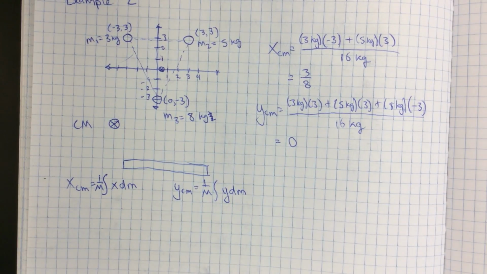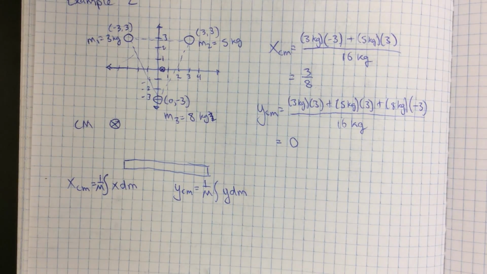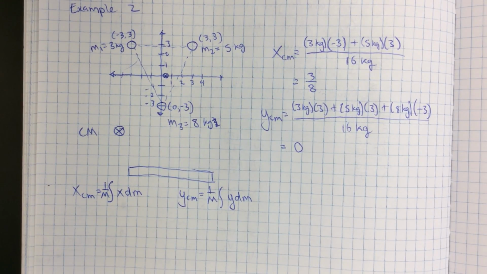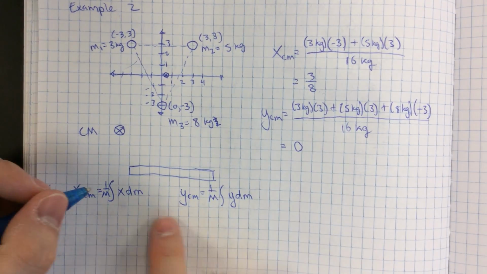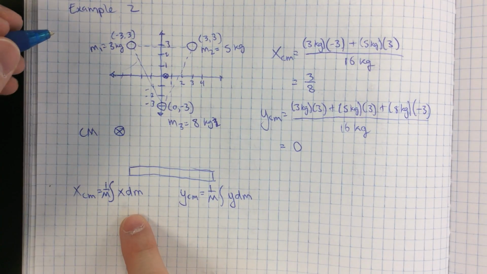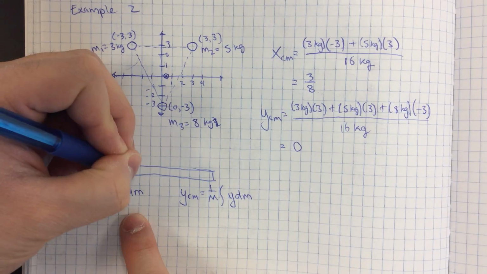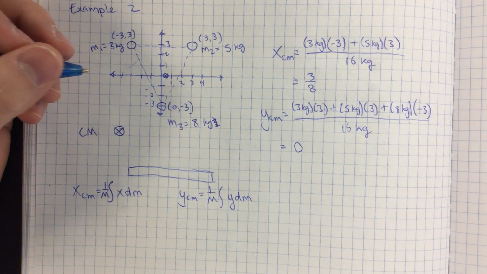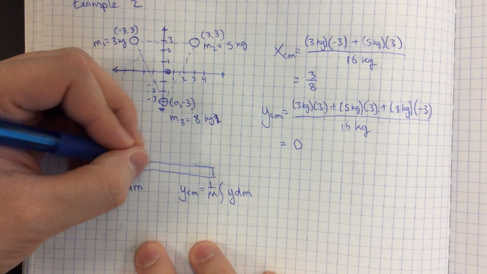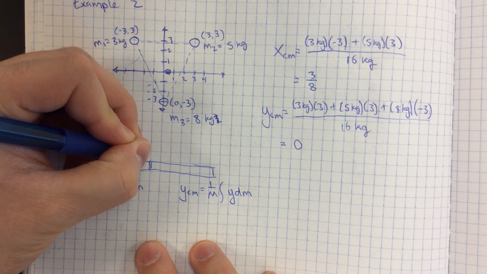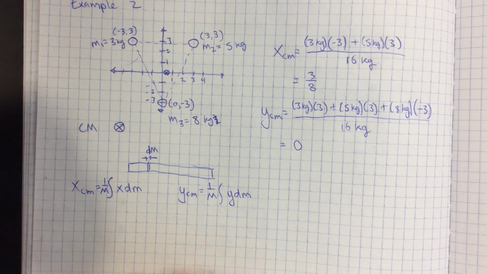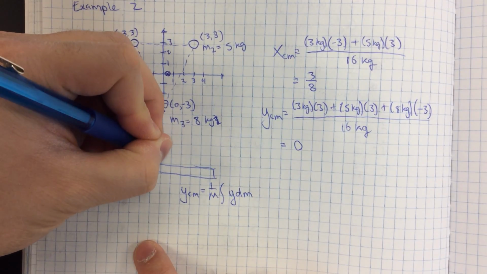A couple of comments about this that can make it very tricky. First, let's interpret what this is saying in terms of the mass. You're taking an object, and you're not chopping it up into infinitesimally small slices of space, you're chopping it up into infinitesimally small slices of mass. That should be a little m.